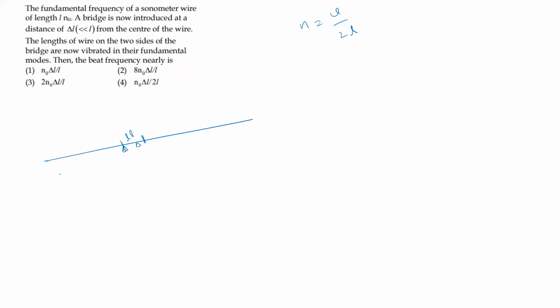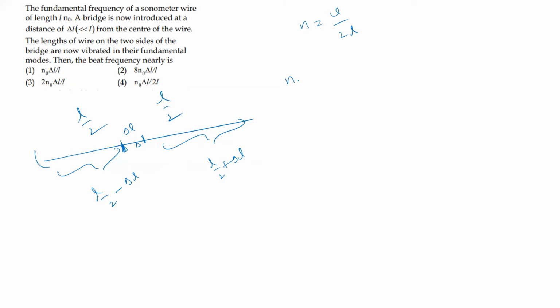This length will become L by 2 minus delta L. This length will become L by 2 plus delta L. Here it is minus delta L because this length is decreased by delta L, right? Delta L length is decreased. Clear? Delta L length decreased for this half. Initially L by 2 before introducing the bridge, and after introducing it, the lengths change.